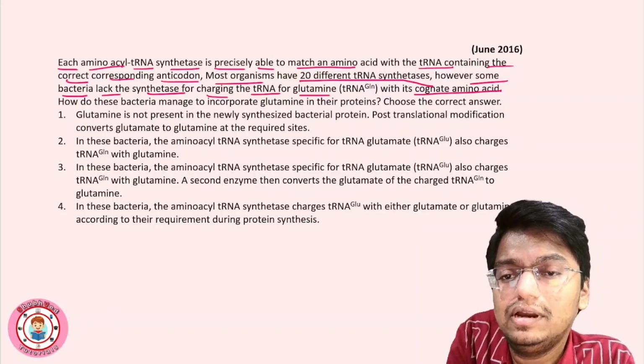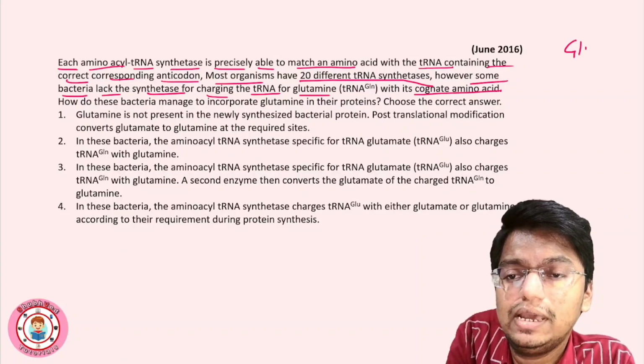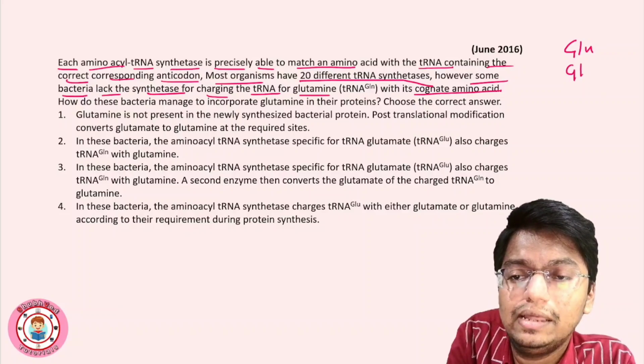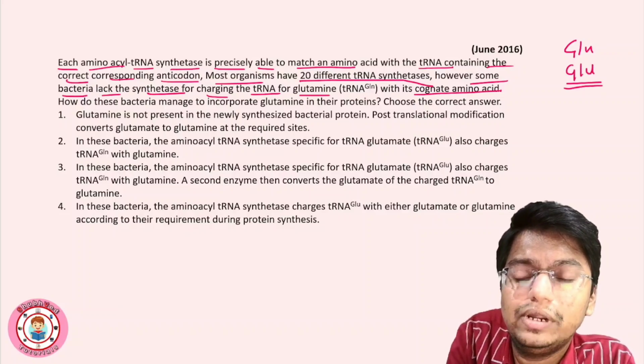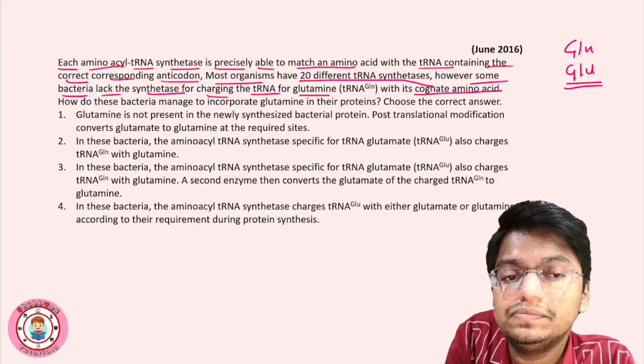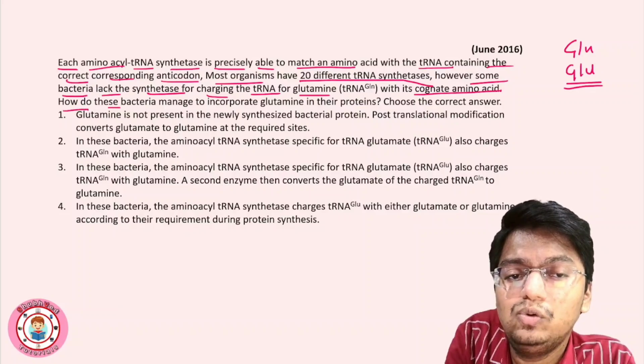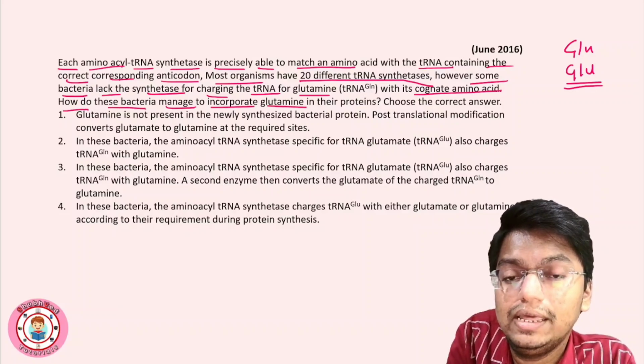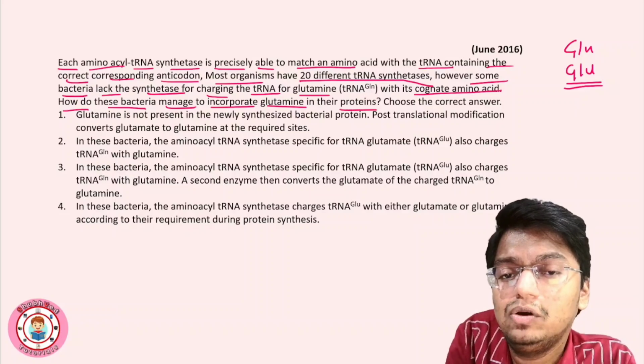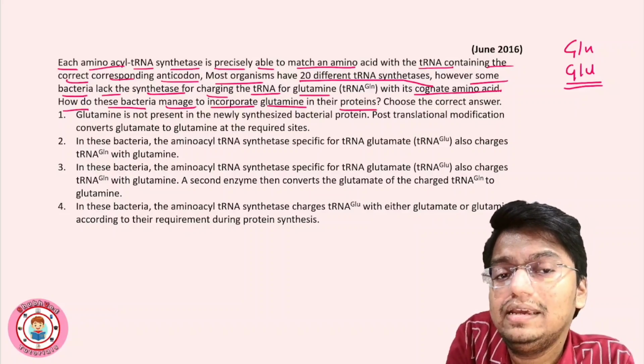Cognate means it's appropriate. So GLN is glutamine, GLU is glutamate. How do these bacteria manage to incorporate glutamine in their proteins? मतलब glutamine का tRNA synthetase नहीं है. So how glutamine is incorporated?